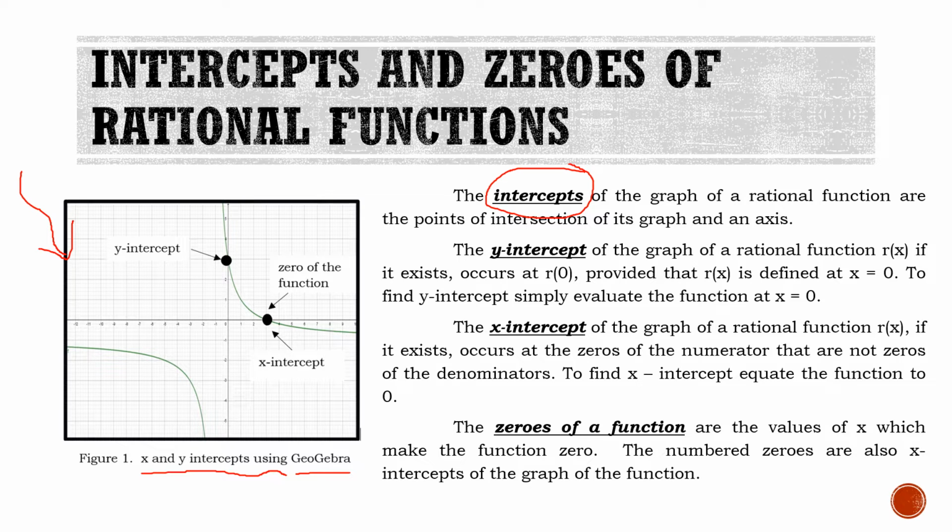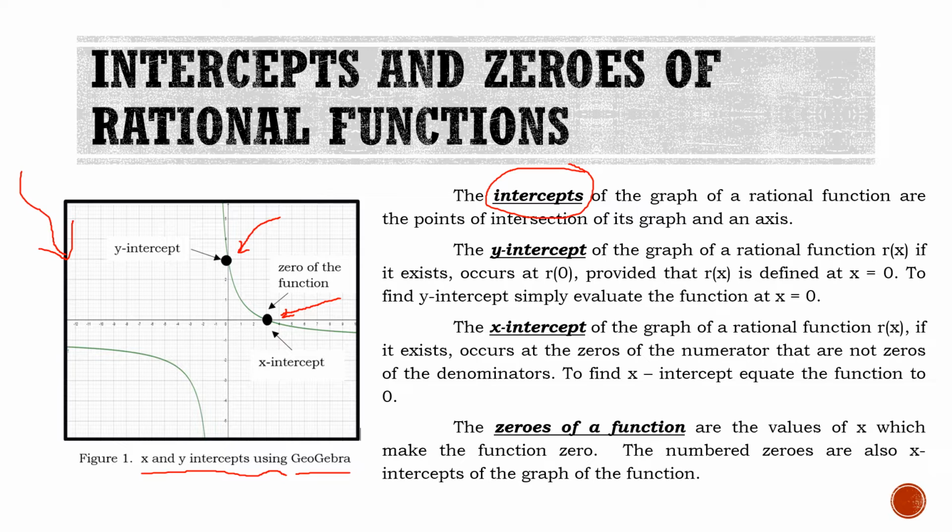So these intercepts represent the point or points of intersection between your graph and your axis. So here there is a y-intercept and here there is an x-intercept.